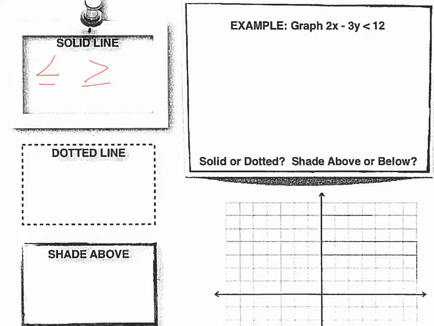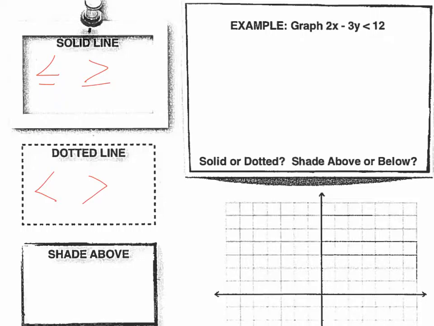If it's going to be a dotted or a dashed line, that's when you would just have a less than or a greater than. So we're not including any values on that line, only ones that would be above that line or below that line. So let's go through and take our inequality, 2x minus 3y is less than 12. And we want to first, as our steps tell us, change this into slope-intercept form.